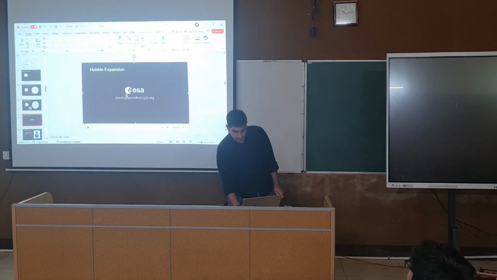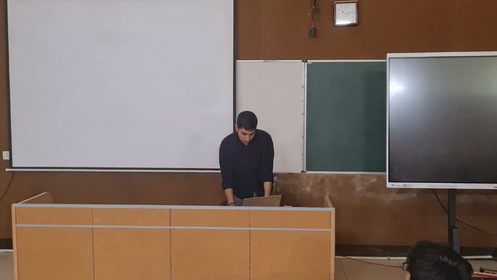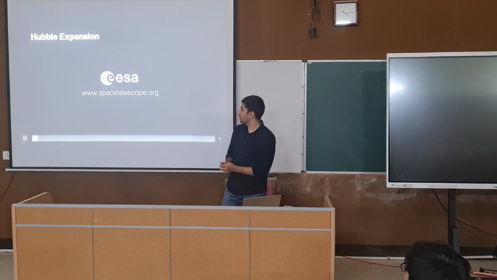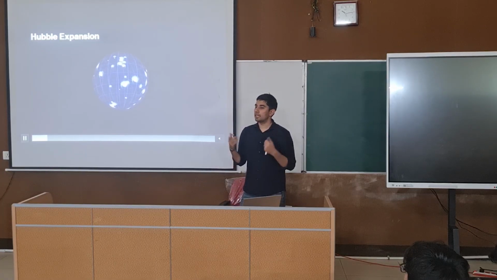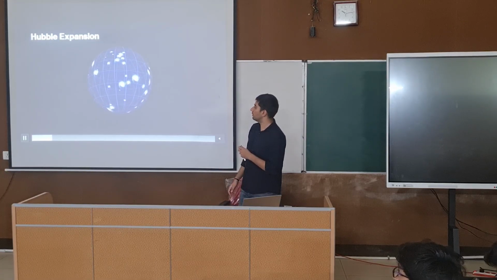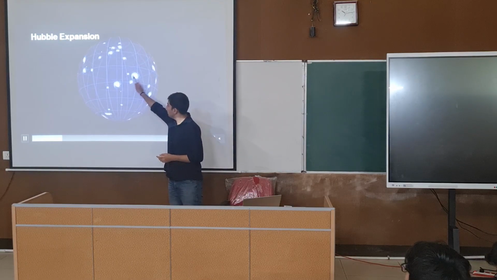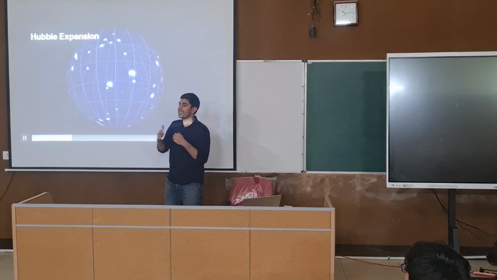There is a very simple and intuitive explanation, which is basically the expansion of the universe itself, the expansion of the space between objects. So you look at these two galaxies, and this is your universe. The universe is expanding.